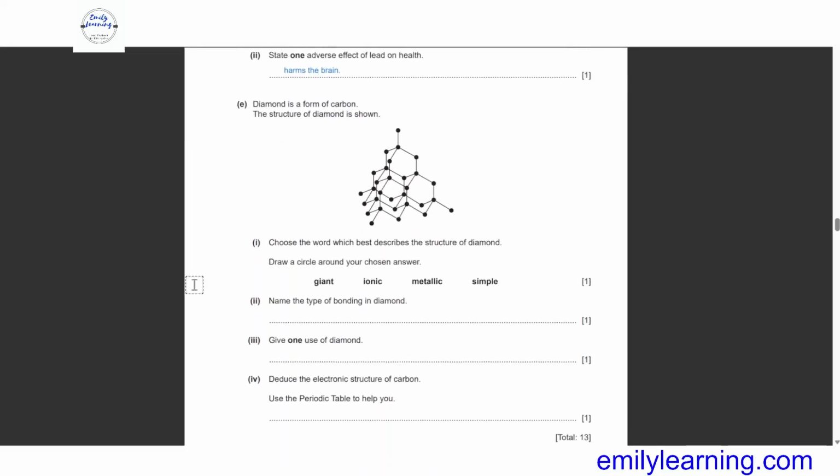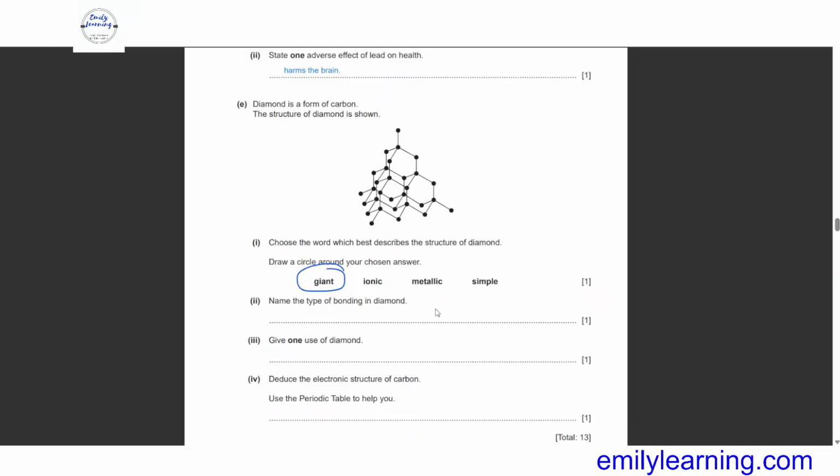Okay, next, E, diamond is a form of carbon. The structure of diamond is shown. Choose the word which best describes the structure of diamond. So draw a circle, okay, around your chosen answer. So it is definitely giant. It is non-ionic, not metallic, not simple. So the answer is basically giant. So it's a giant molecular structure. Name the type of bonding present.